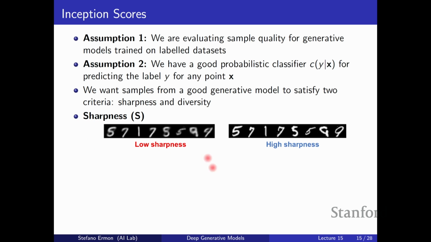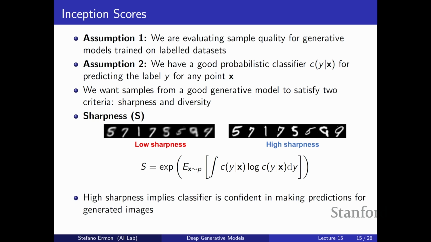And you can kind of see that the true samples are probably relatively easy to classify, while synthetic samples that are a little bit blurred, not very clear, are going to be harder to classify if you have a good classifier. So the intuition behind sharpness is to look at how confident the classifier is in making predictions on the synthetic samples, the generated samples.